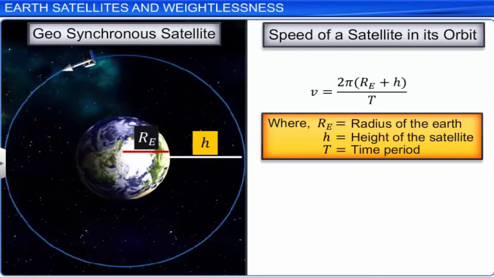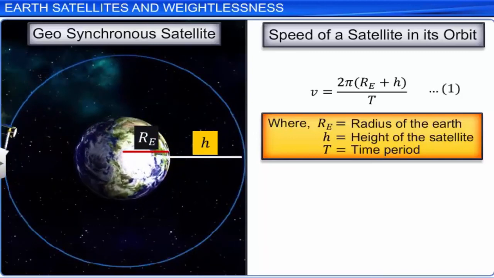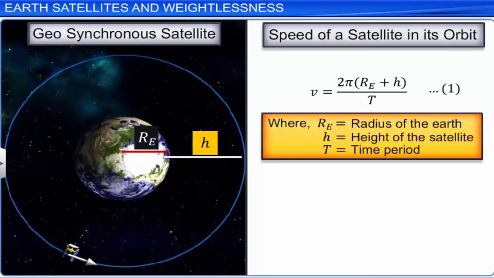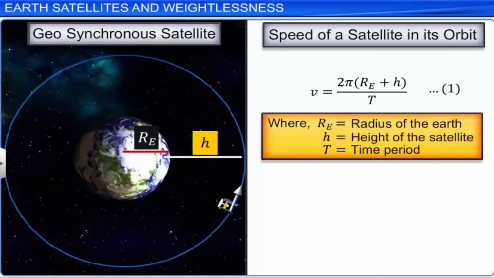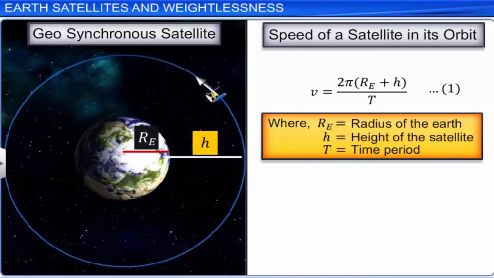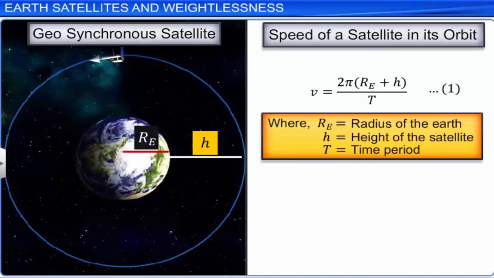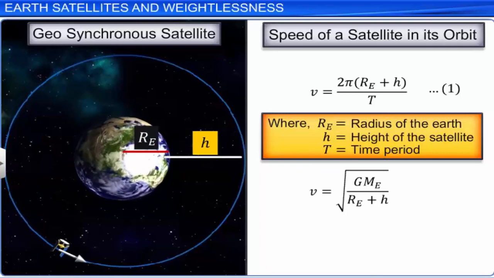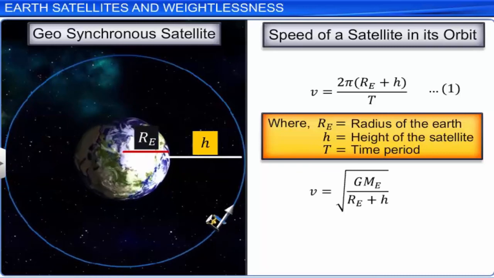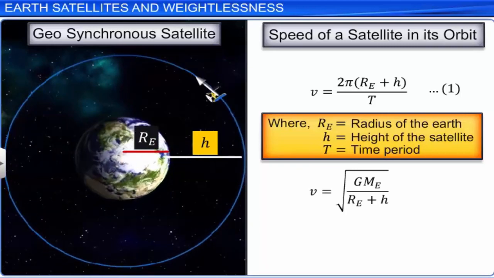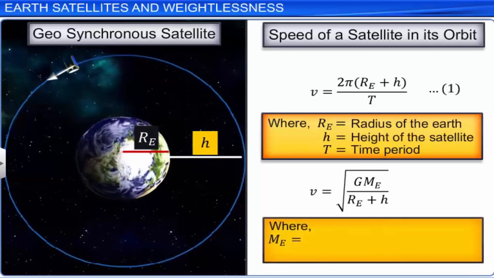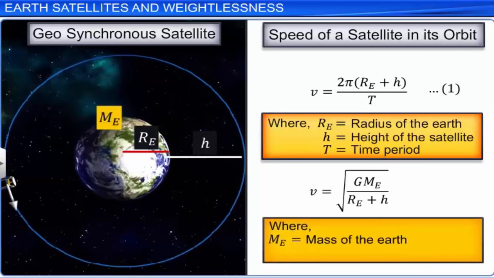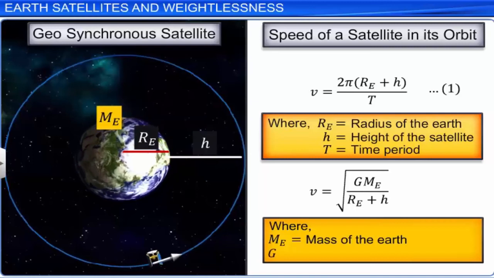Let this be equation 1. The speed of a satellite in its orbit can also be obtained using the relation v is equal to the square root of G M_E divided by R_E plus h, where M_E is the mass of the Earth and G is the universal gravitational constant. Let this be equation 2.